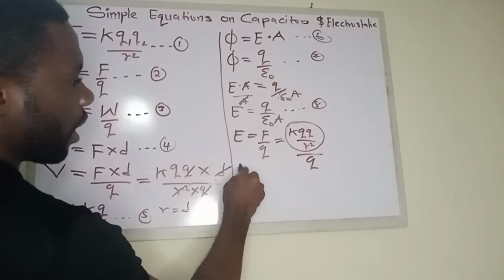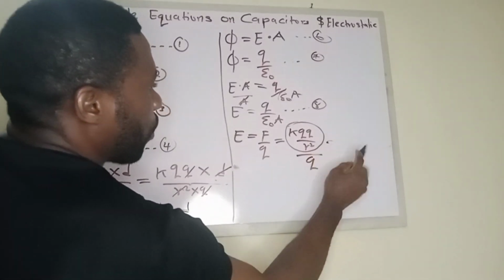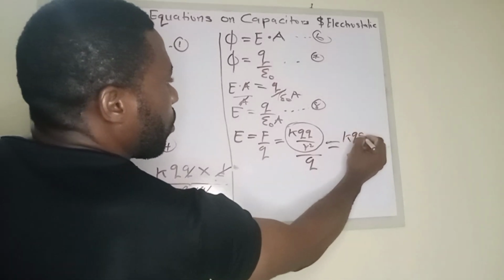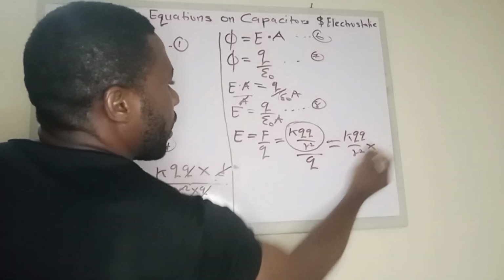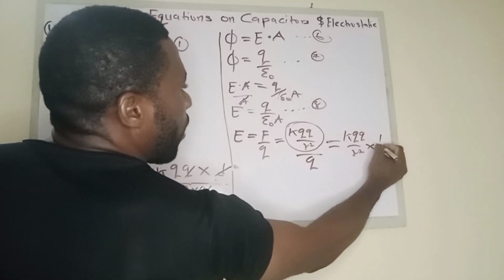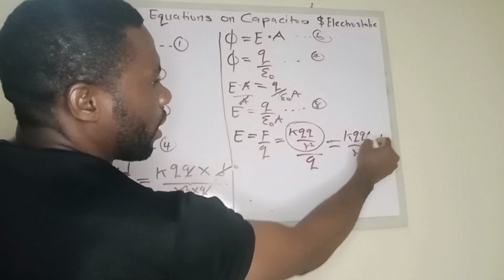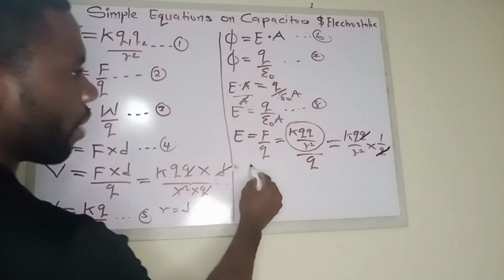At this point, this should be equal to KQ over R squared, multiplied by 1 over Q. Q, we take away this particular Q. What is left here?